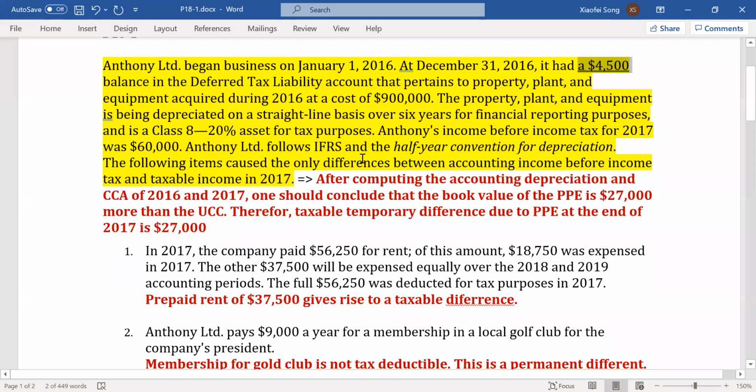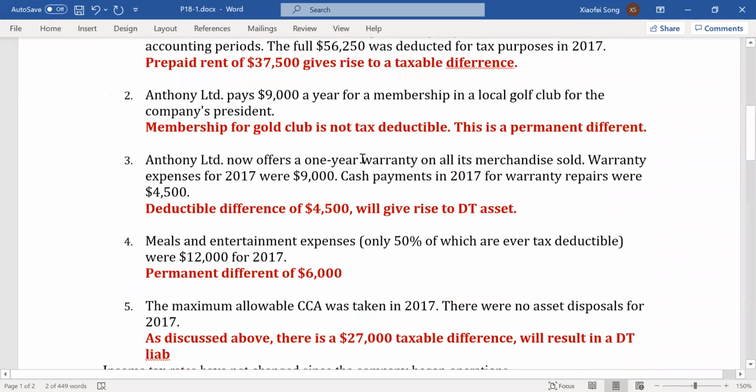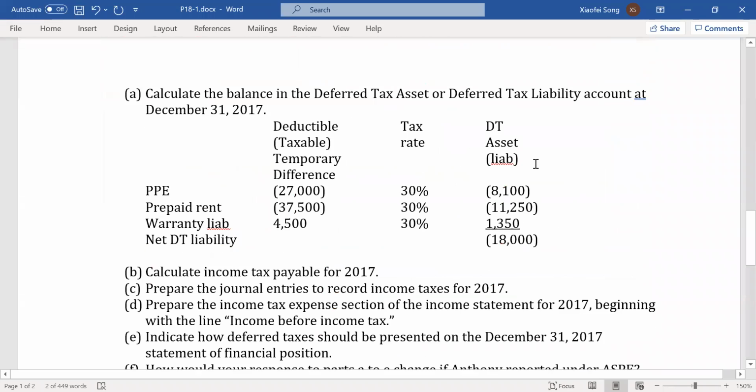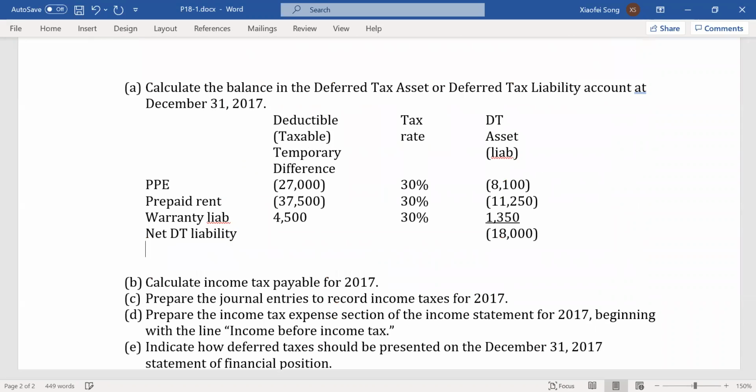They already told us, right? So we have to adjust that. We subtract this deferred tax liability at January 1st of 2017, the beginning, from the deferred tax liability at December 31st, 2017.